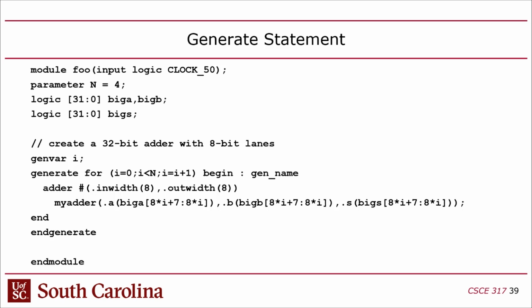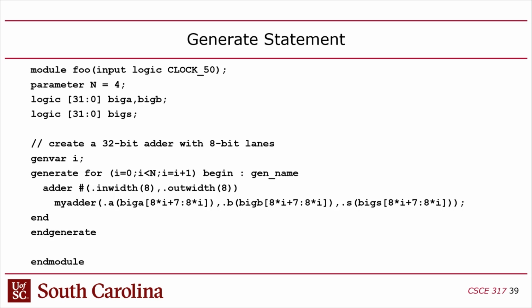So what's happening is that the adder is an 8-bit adder, and I want to create a 32-bit adder by putting 4 copies of the adder in there. I'm going to take 8 bits out of big A, 8 bits out of big B, and 8 bits out of S, and connect them to each of the 4 adders. Does it make sense?